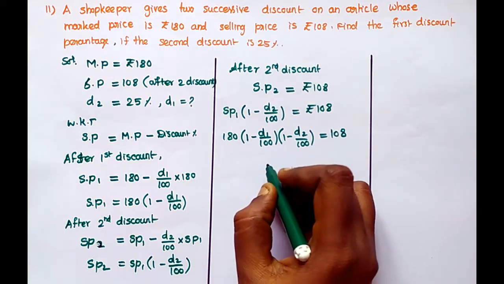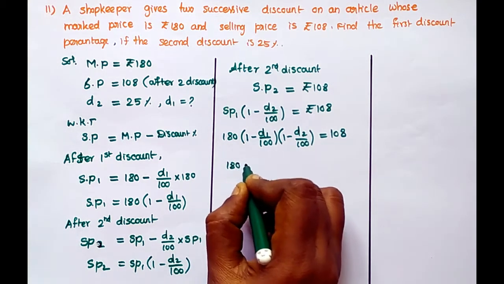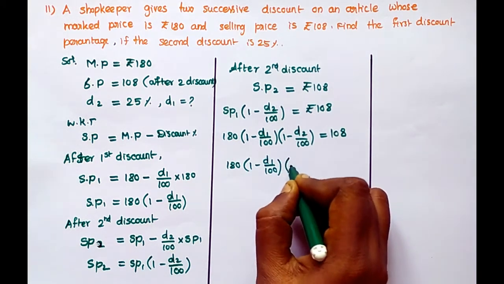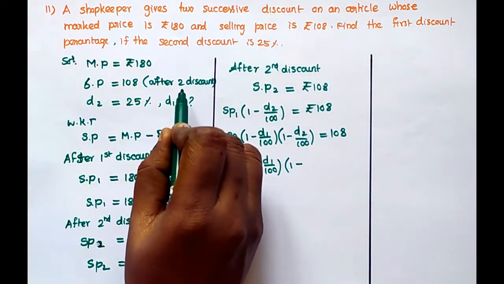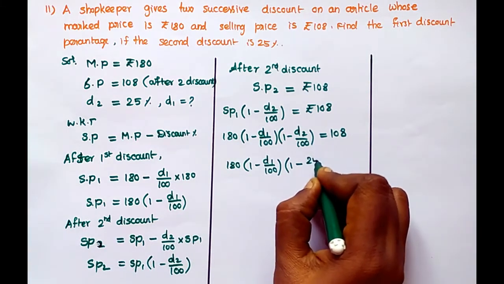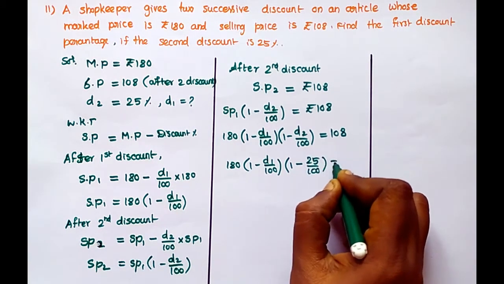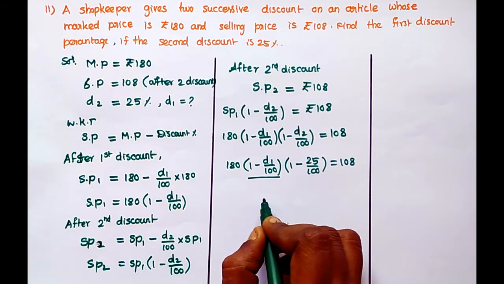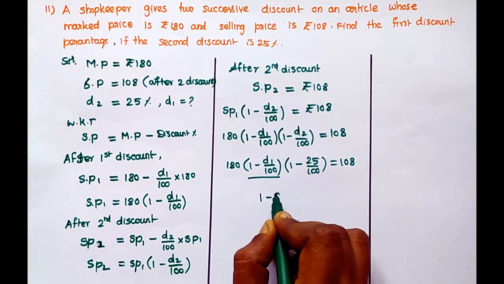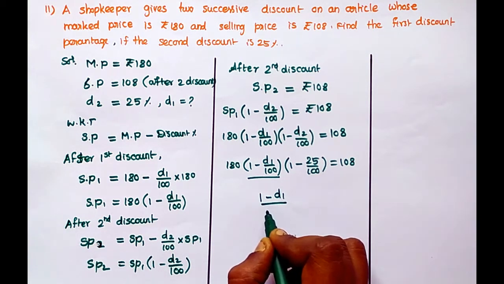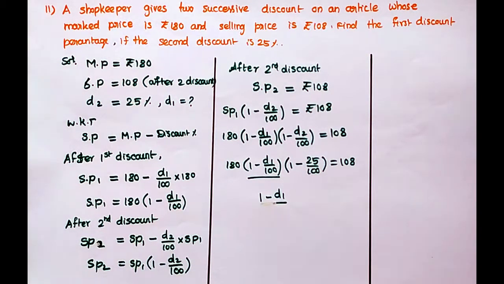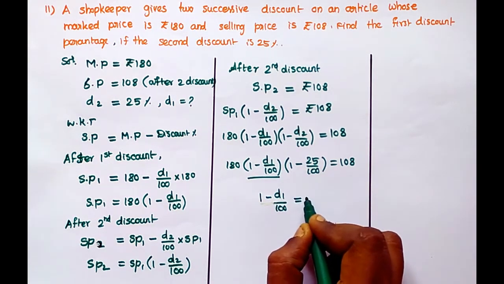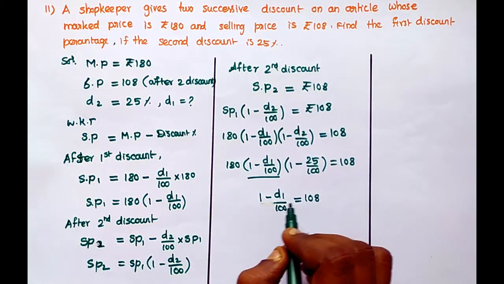So 180 into 1 minus D1 by 100 into 1 minus D2 is what? 25. So 25 by 100 equal to 108. Now we don't know this one, so keep here this side: 1 minus D1 by 100 equal to 108.